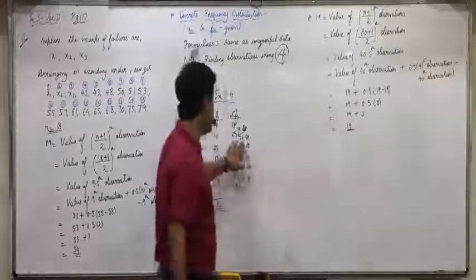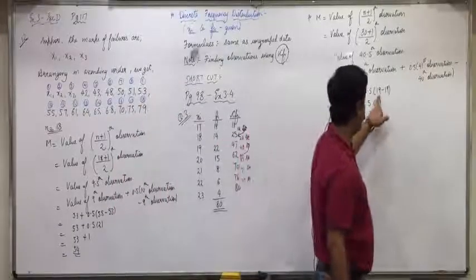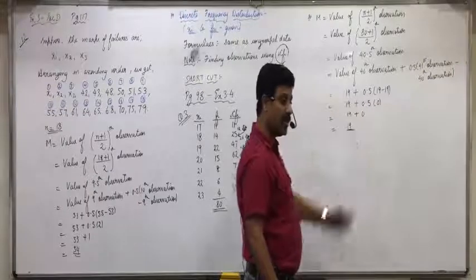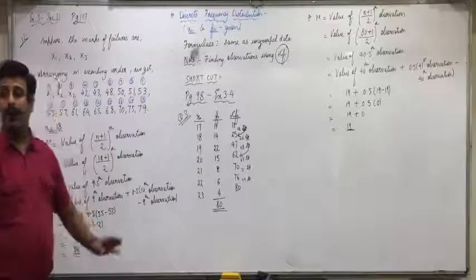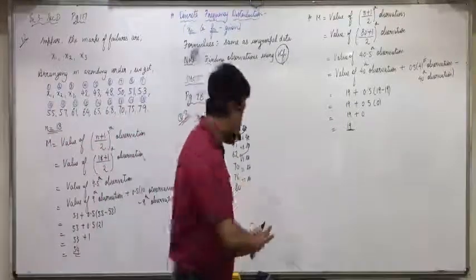Even the 41st observation in between is 19. So again 41st is 19 minus 40th is already 19. So 19 minus 19 is 0. Therefore the final answer is 19. Did you understand this? Anyone else who did not understand this? All are clear with the actual concept?